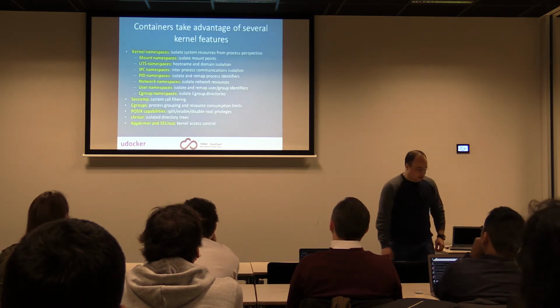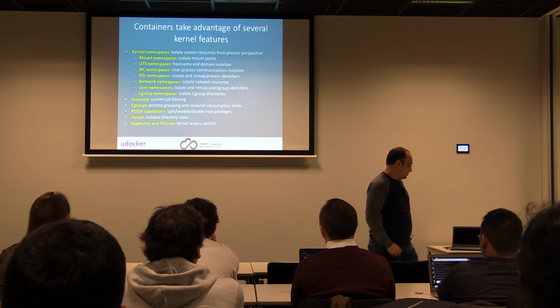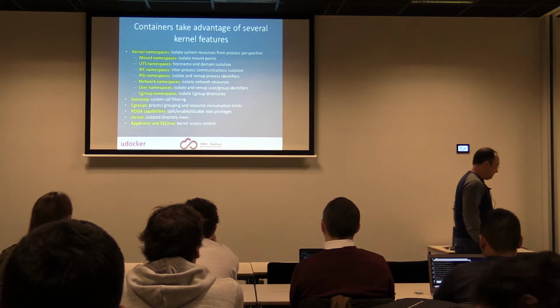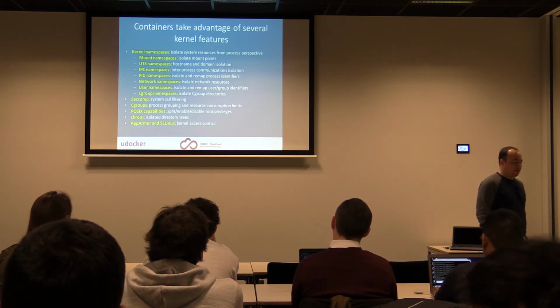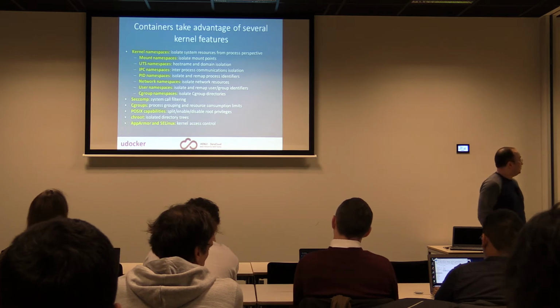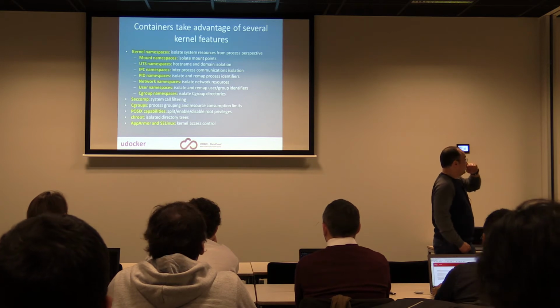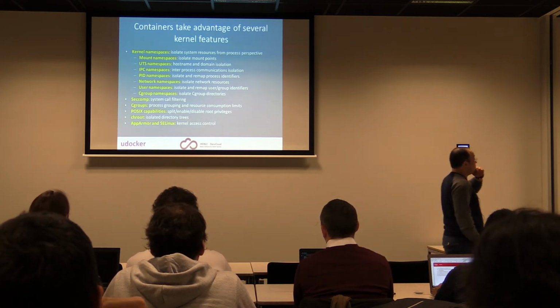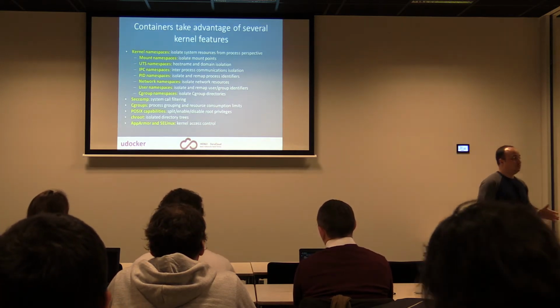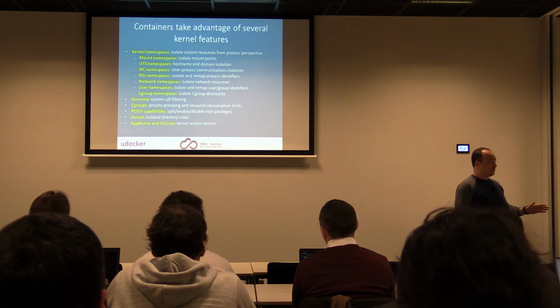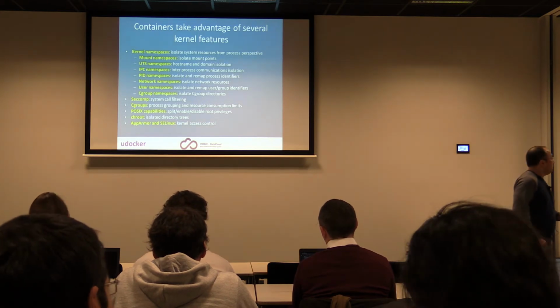So, as you all know, containers is not something very strange. It mostly takes advantage of the kernel features that were already there. So it uses the kernel namespaces. So kernel namespaces allow you to isolate some resources and control them.